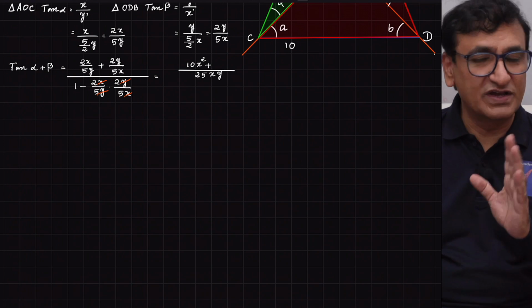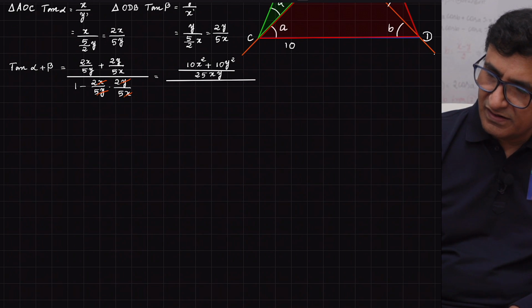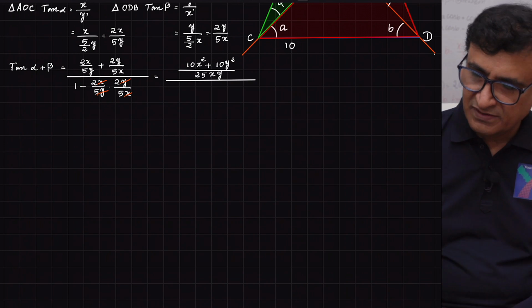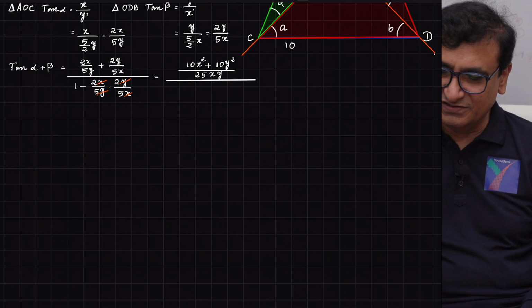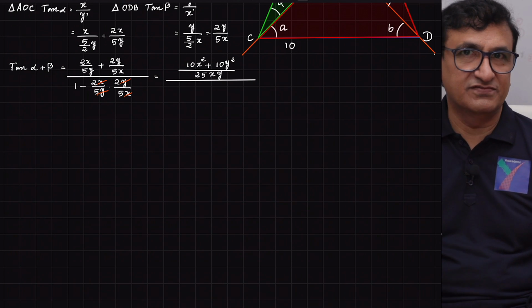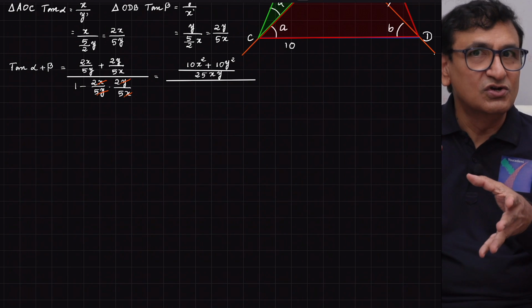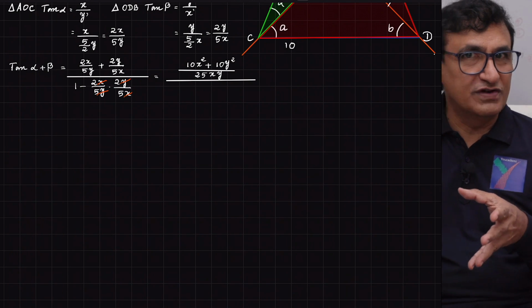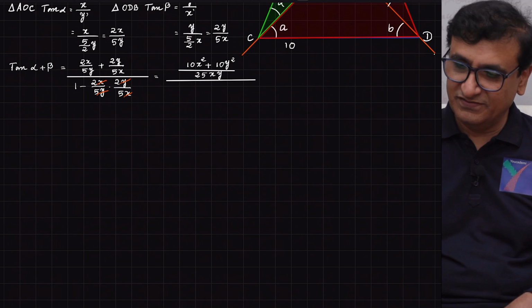And the second term 10y squared. The whole thing divided by, now since x and y have cancelled each other, we have 1 minus 4 divided by 25. So take 25 as common denominator and simplify this to 25 minus 4 divided by 25, that is 21 divided by 25.